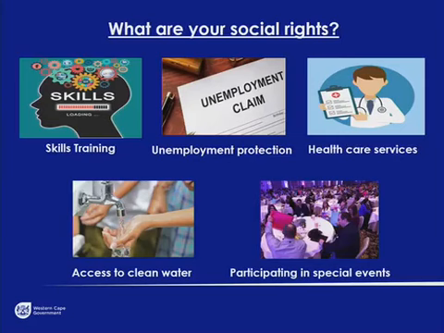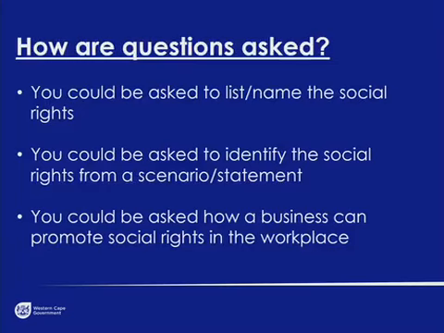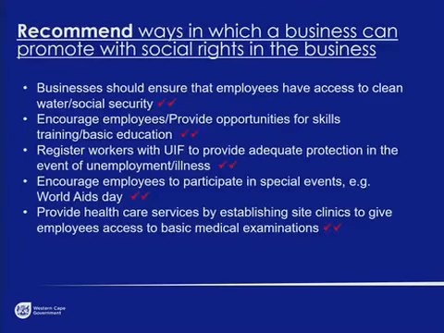Okay, so if you look at that slide again, business must encourage people to participate in special events. So if you learn what their social rights are, your recommendations will just be the business must provide or give access to. And then you just put in the social rights and you will get the 2 marks for that particular recommendation there.